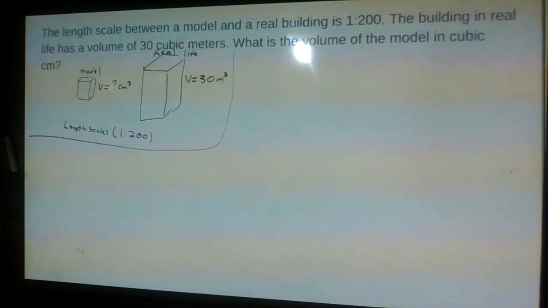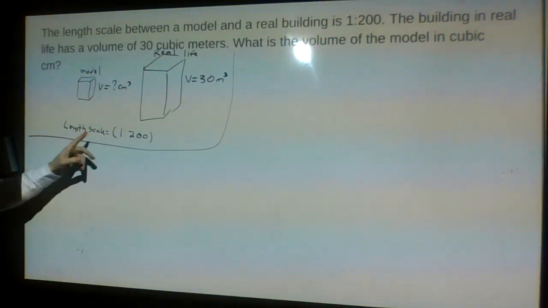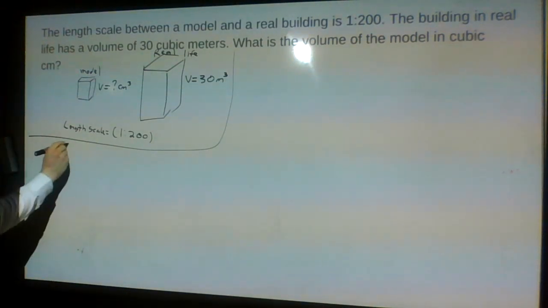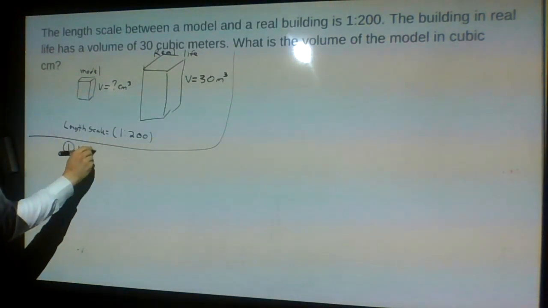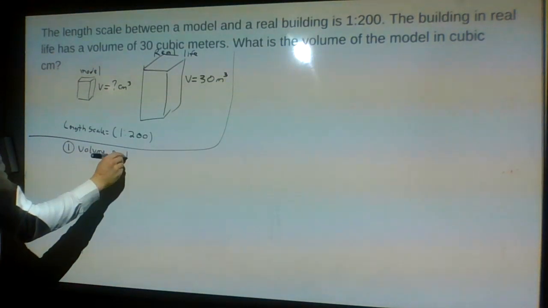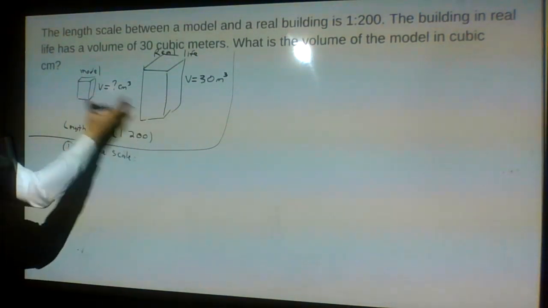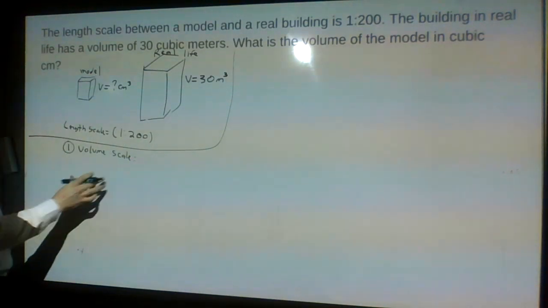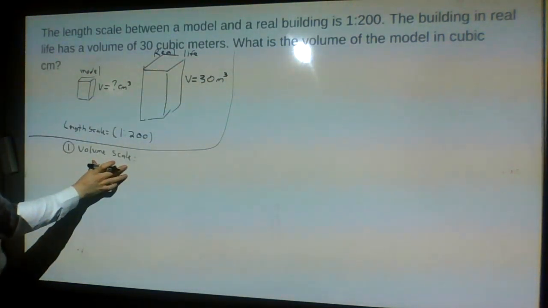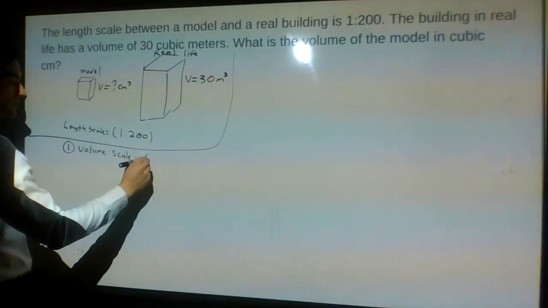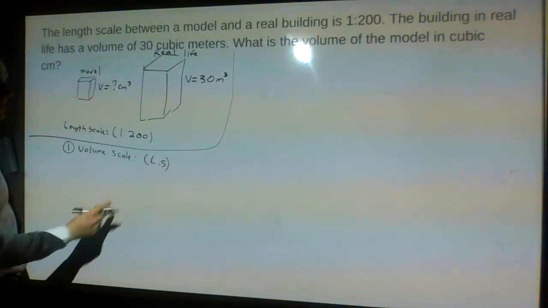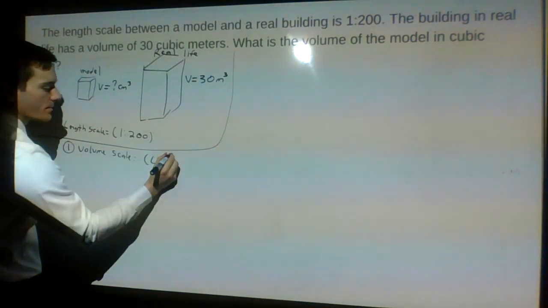The first thing, this is a question about volume, so that's usually a really good hint that I want the volume scale. So first let's find the volume scale. Because if I know the comparison of the two volumes, then I can start solving the question involving volume. Volume is cubed, so volume scale is your length scale, LS, to the power of 3.